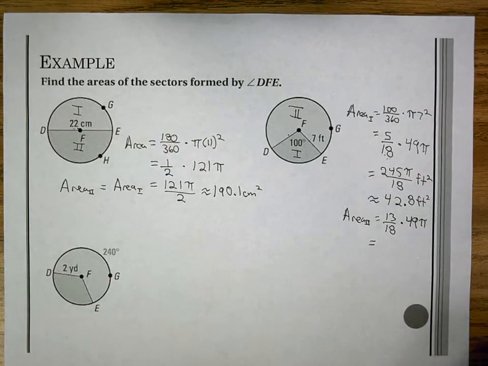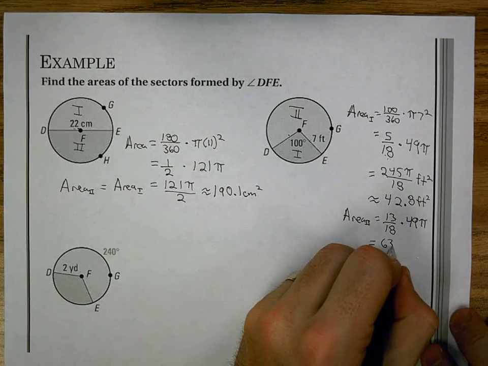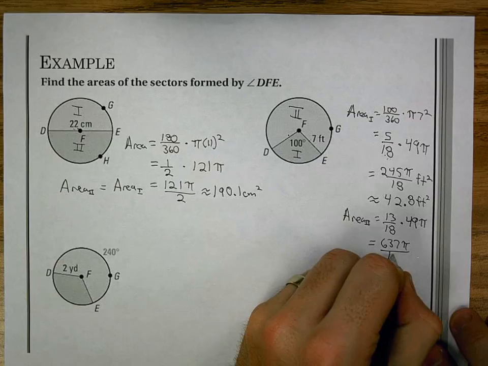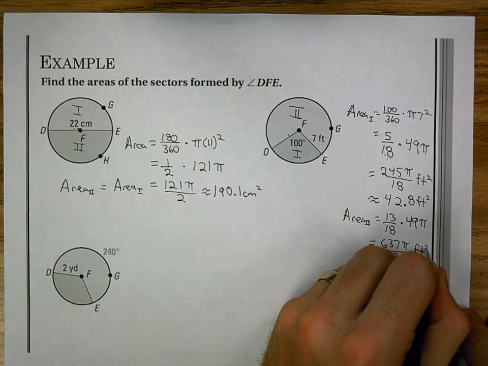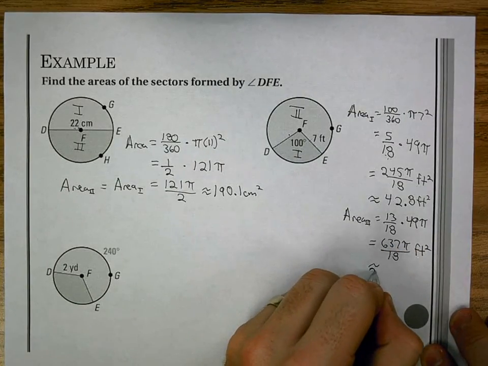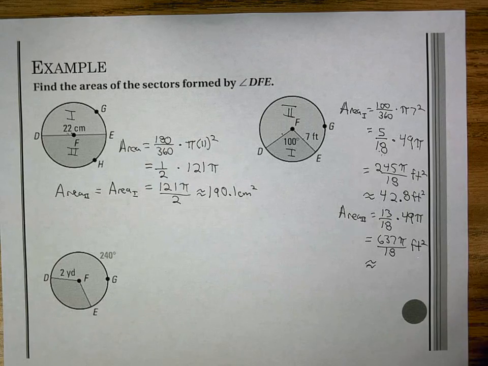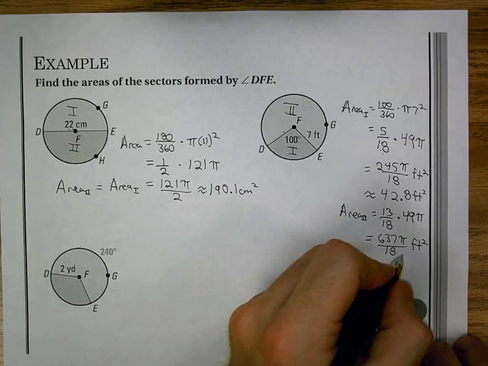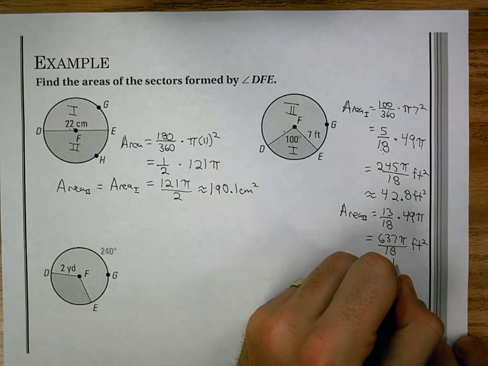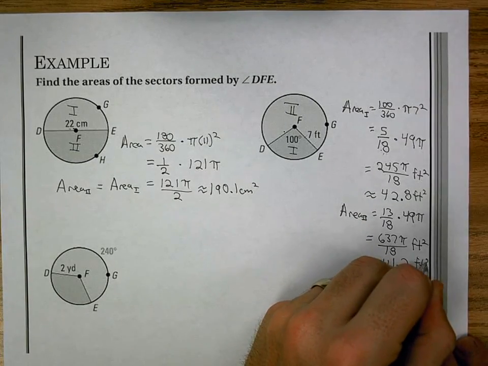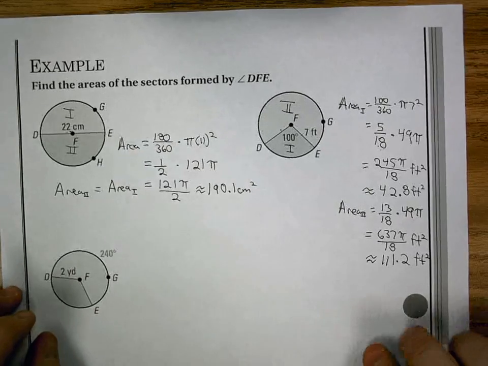So 13 times 49 gives us 637 pi over 18 feet squared, which we're going to simplify to be about 111.2 feet squared. Okay, last one.